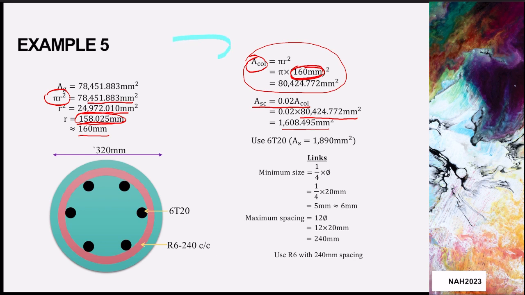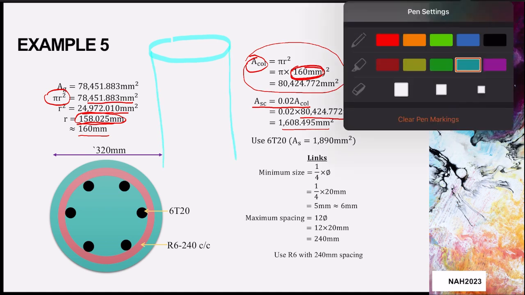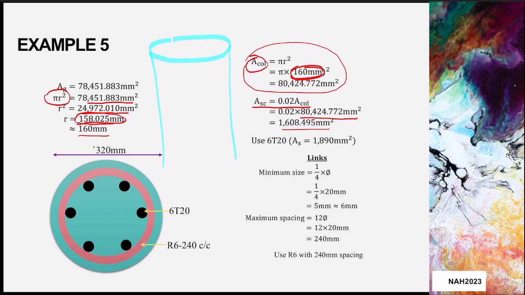So for a round column, you have a column like this, and if you use 6 numbers of main reinforcement, then the ties or links go around it. You're going to find the size of this link, and also the spacing in between the links.